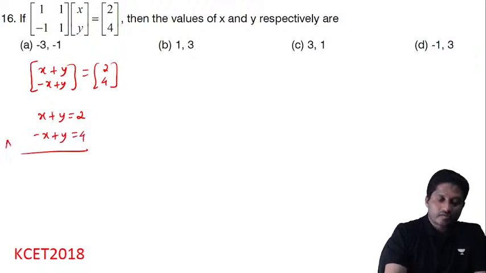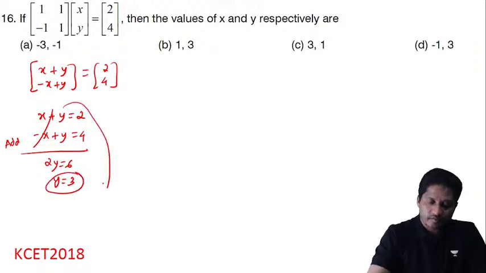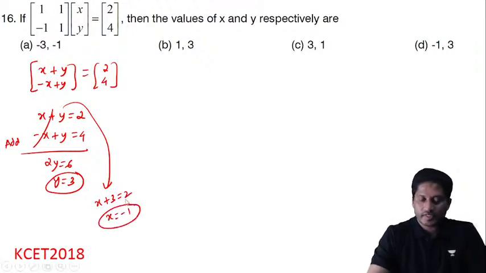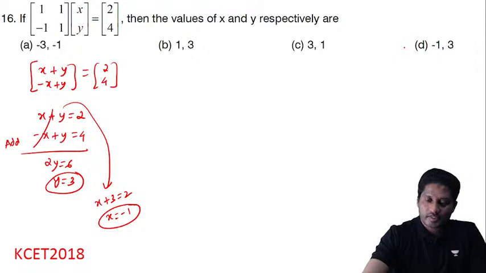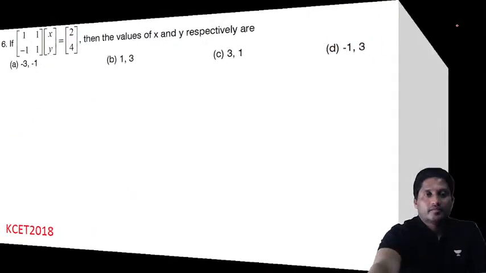If I add these two, x will cancel. 2y is equal to 6, y is equal to 3. If I substitute here, you get x plus 3 is equal to 2, x is equal to minus 1, y is plus 3. Answer is option D. Let's move to the next question.